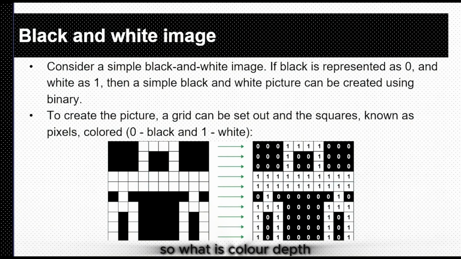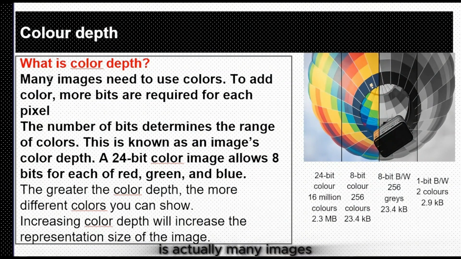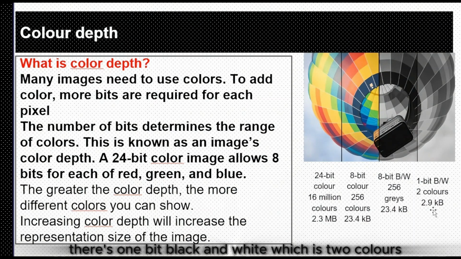So what is color depth? Many images, as you can see, use colors. To add color, more bits are required for each pixel. So to add color to an image, you will require more bits. Here you can see there's 1 bit black and white, which is 2 colors.